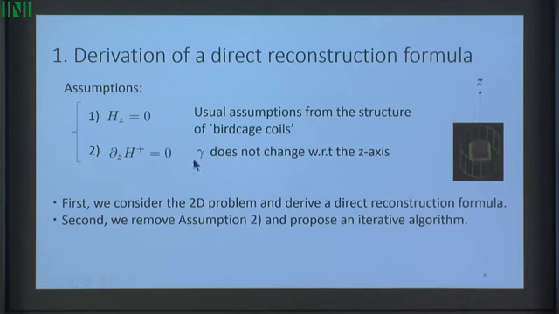This means we assume that the electrical property does not change with respect to the Z-axis. In other words, we consider the 2D model first and derive a reconstruction formula. After that, we remove assumption 2 and propose an iterative algorithm for the 3D case.